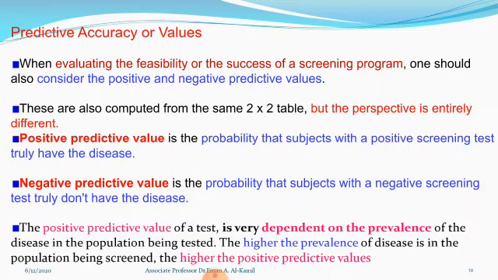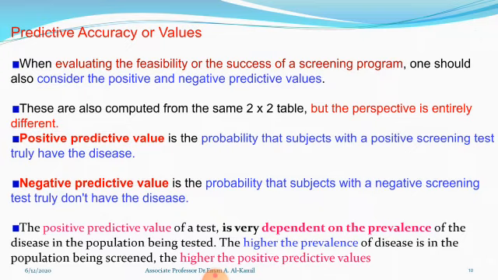When we calculate the sensitivity or specificity, we take the columns, while for the predictive values, we calculate the positive or negative predictive value from the rows.